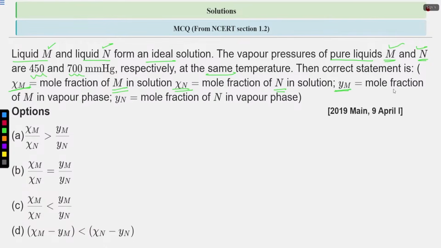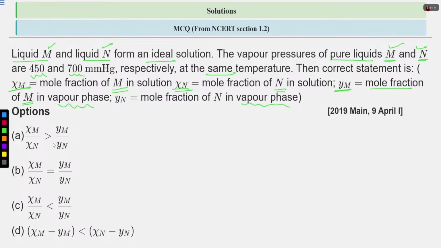Meanwhile, Ym is the mole fraction of M in vapor phase, and Yn is the mole fraction of N in vapor phase.